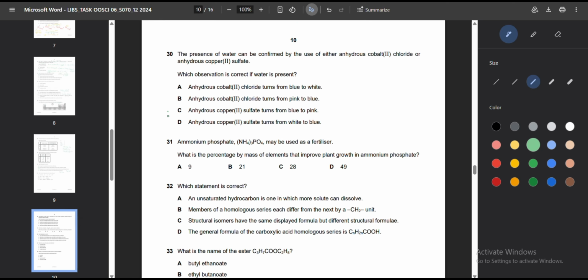Question number 30 is that the presence of water can be confirmed by the use of either anhydrous cobalt 2 chloride or anhydrous copper 2 sulfate.